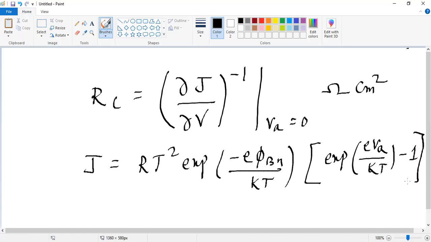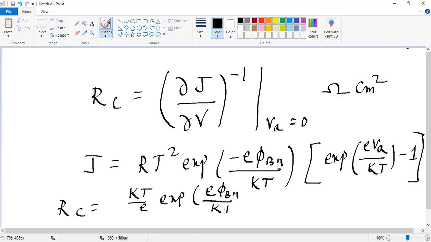You substitute this and take ∂J by ∂V, and then the inverse of that. Substituting Va equal to 0, we get Rc as kT/q exp(qφBn/kT) divided by A*T².